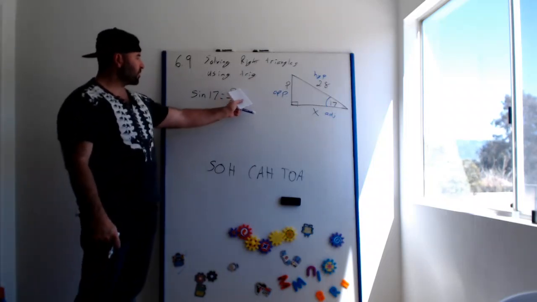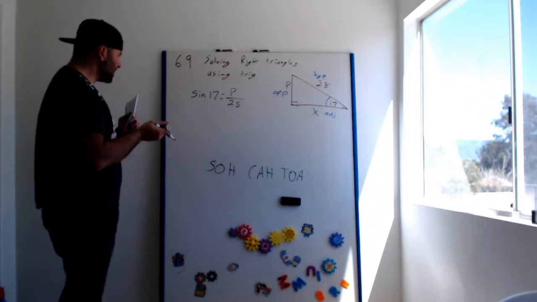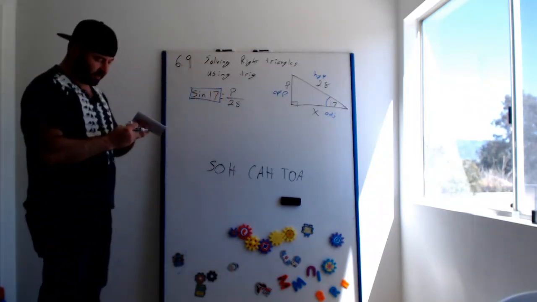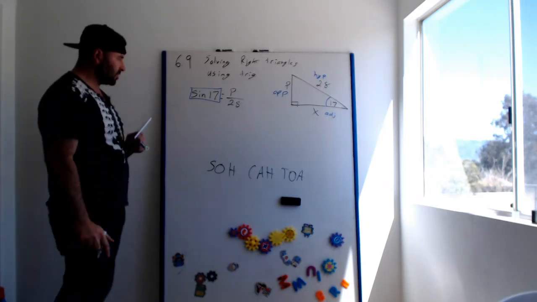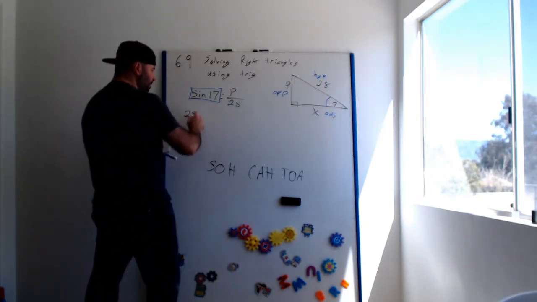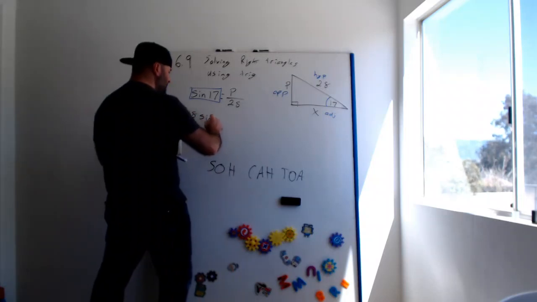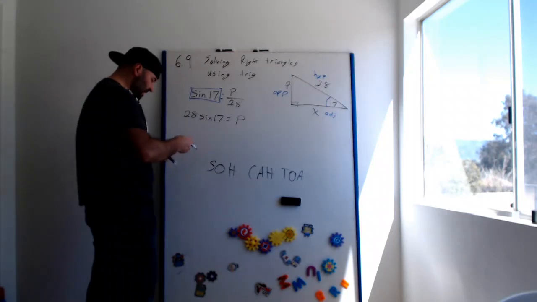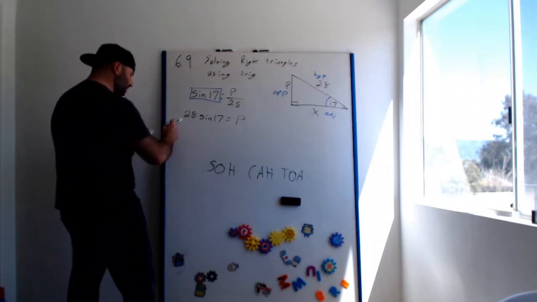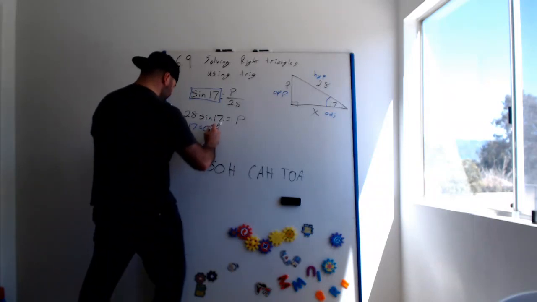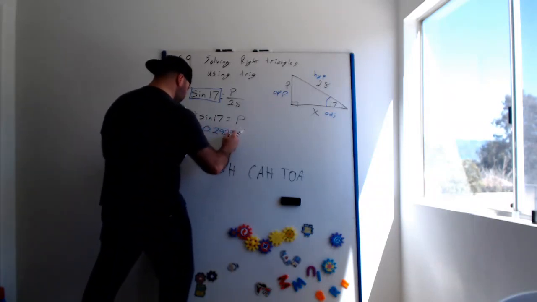And solving for P, we multiply both sides by 28. There's my box again, just so that way I don't separate things. Okay. We get 28 sine 17 is equal to P. Sine of 17, since I've been doing it for all the other problems, is 0.29237.